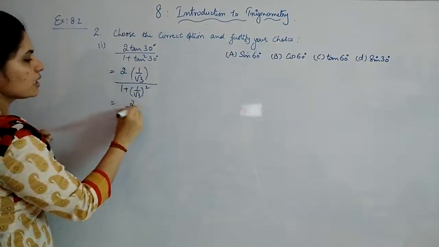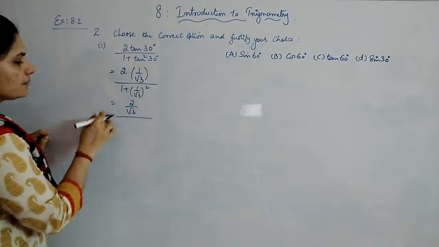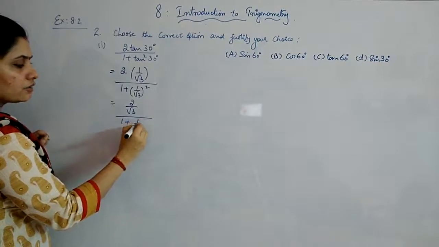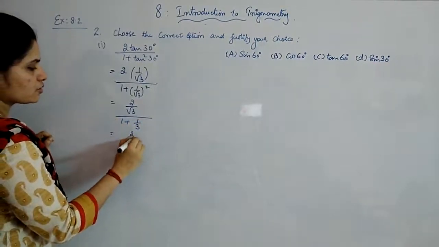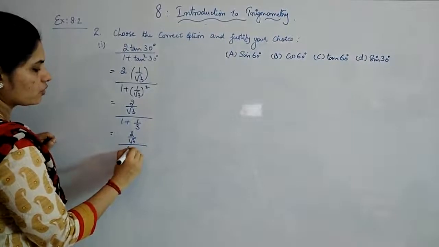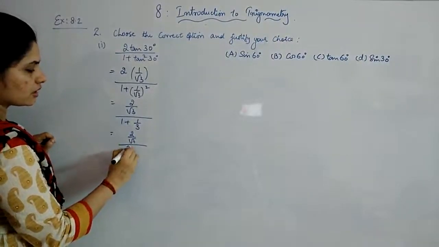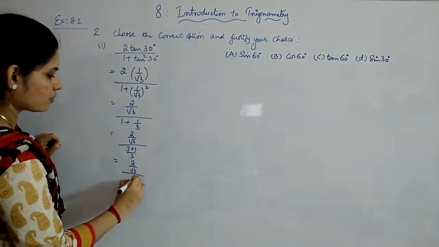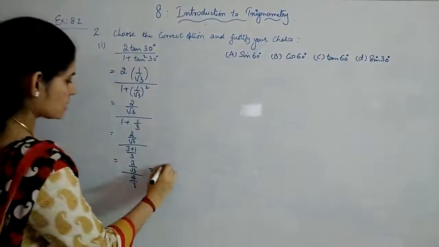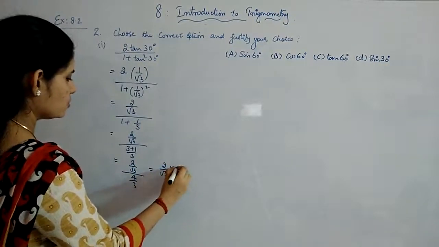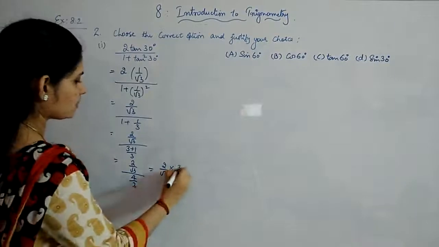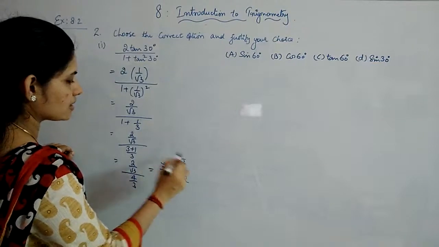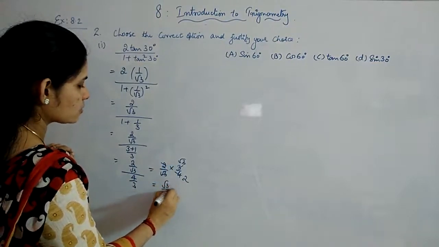Now this is 2 by root 3 divided by, here you will have 1 plus 1 by 3, which is equal to 2 by root 3 by 3 plus 1 by 3, or you can write 4 by 3, 2 by root 3 by 4 by 3. And this can be written as 2 by root 3 into, when it comes up, it will become 3 by 4. Now you can just cancel these 2, this and this will give you root 3 balance here. So your answer which you are getting is root 3 by 2.